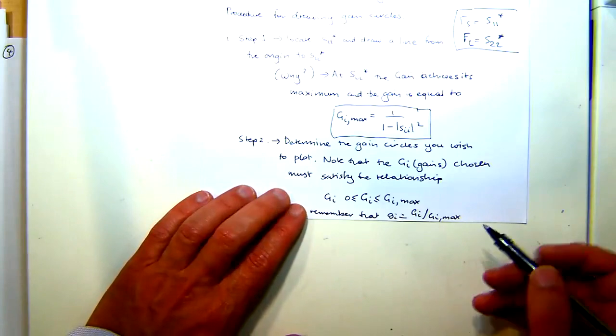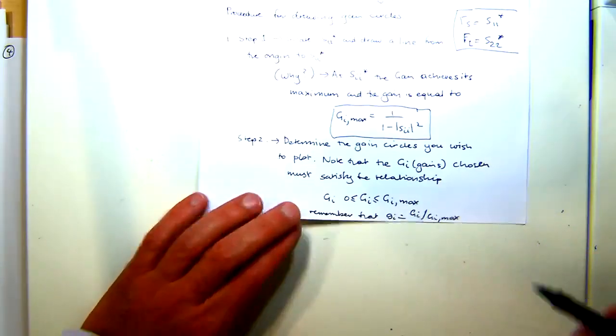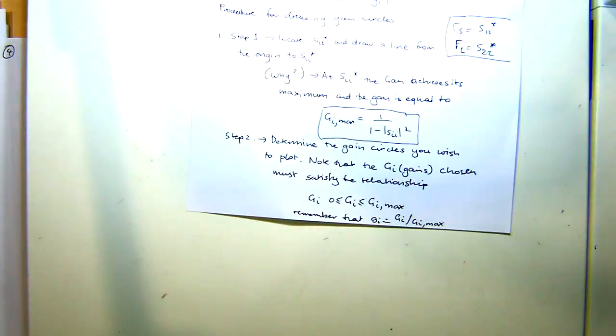So we'll look at certain values. Usually you choose these values, so you can choose them to be 2 dB gain, 3 dB gain, whatever, but some value less than your maximum gain. Suppose your maximum gain is 15 dB, you might want to draw your 10 dB circle and your 5 dB circle, or you might want to go 15, 12, 10. You arbitrarily choose these circles depending on what you have in mind or what your design criteria are.